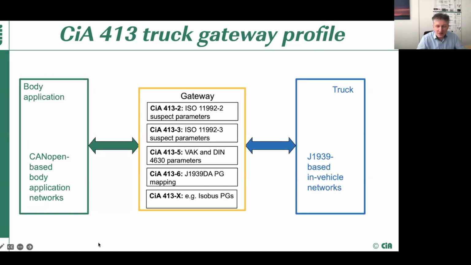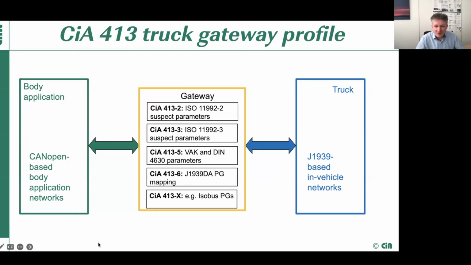For that, we have several parts of this application profile. We list parameters for truck and trailer, for brake, if I'm not mistaken. Then we have also a part for the gateway itself, what parameters the gateway has, as a PG-based list.